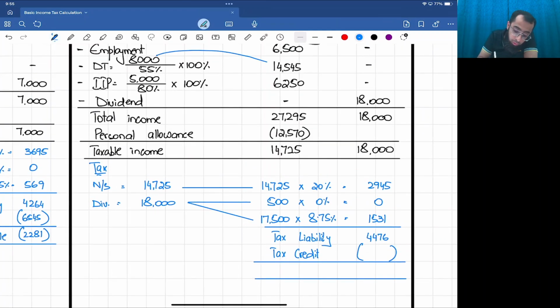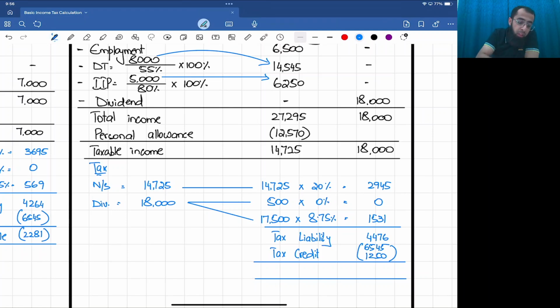Discretionary trust, you gross from 8,000 to 14,545. You can just calculate the difference. I believe it will be 6,545. And here 5,000 to 6,250. It was a gross up adjustment of 1,250. Basically, this grossing up represents the withholding tax impact.